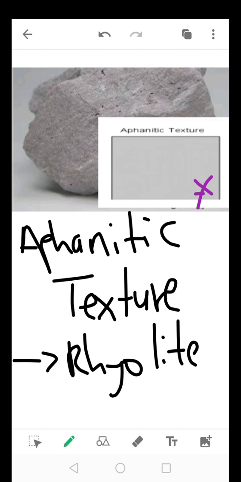Hence, we only see a grayish background, kind of like if you were to draw this. This is to show you that there are no crystals that can be seen with our naked eyes. They need the usage of the microscope. So this rock is what we call a rhyolite, showing the aphanitic texture.